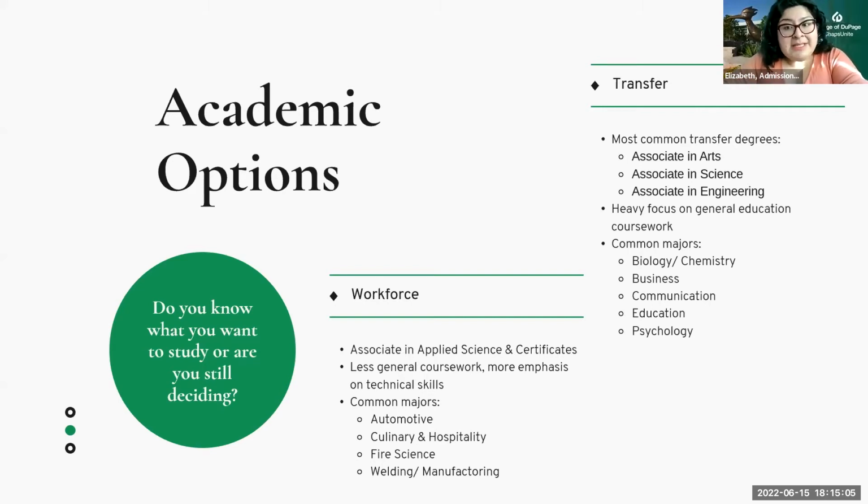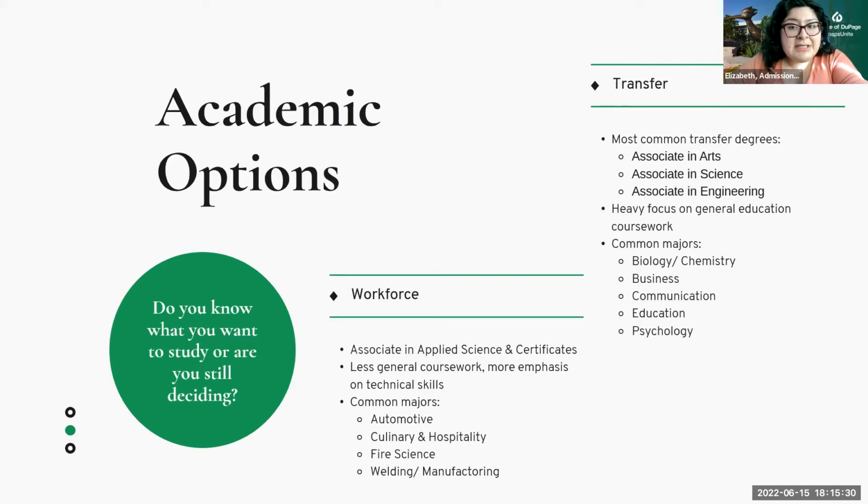So students can be undecided, but if you know that you're not going into a STEM related field, something with science, technology, or math, then you're probably going to be pursuing an associate of arts. If you're not sure, if you're thinking maybe I am going to pursue something in science or a STEM related field, then we advise that you start following an associate of science so that we make sure that you obtain enough science or math credits.